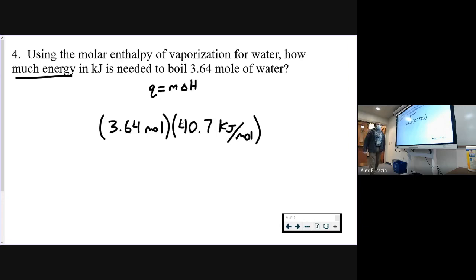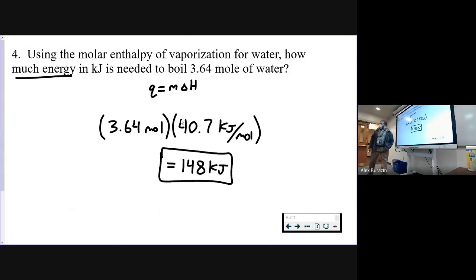How many total kilojoules of energy are required to boil our 3.64 moles of water? 148. Thank you. 148. Okay.